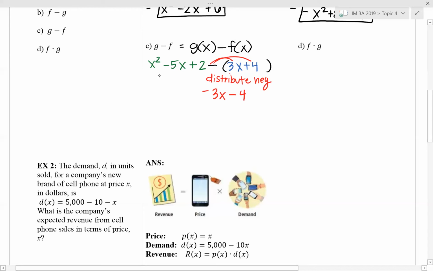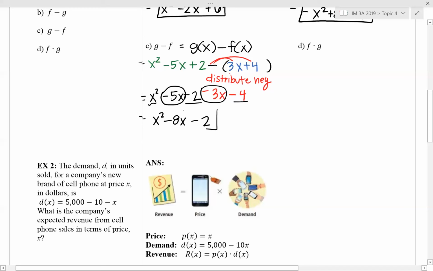And I'm just going to bring down x squared minus 5x plus 2 because g wasn't being subtracted; there was no negative in front. When I combine like terms, I've got a positive x squared, then minus 5x minus 3x, so minus 8x, and then plus 2 minus 4, so minus 2.